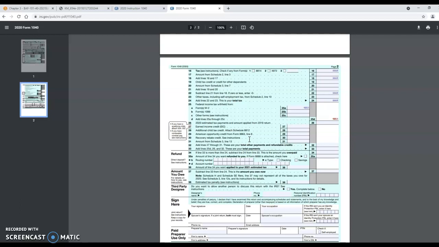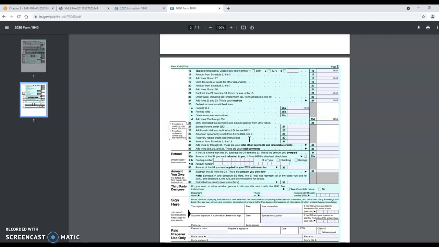If he got both of those amounts, and this is not discussing the $1,400 from the spring of 2021, that recovery rebate credit will be put on his next year's tax return. So this is only dealing with the first two stimulus payments.